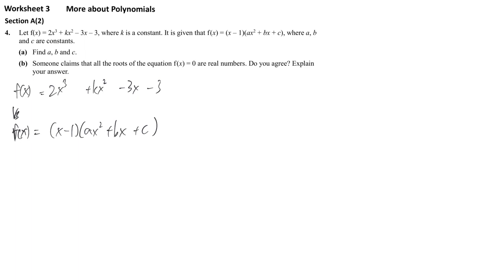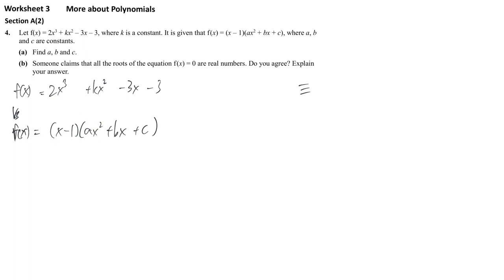A very important thing is these two are definitely the same thing. But you can't directly compare a with 2 or a with negative 3 because they are not in the same format. So you're going to expand the bracket and then compare term by term, because they're exactly the same.